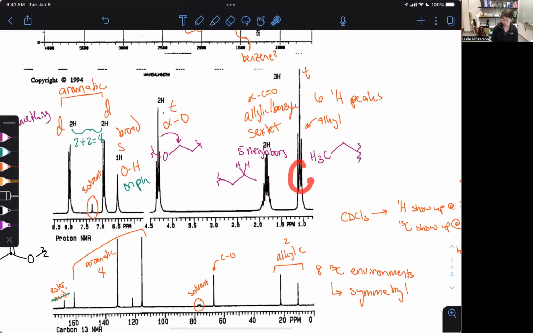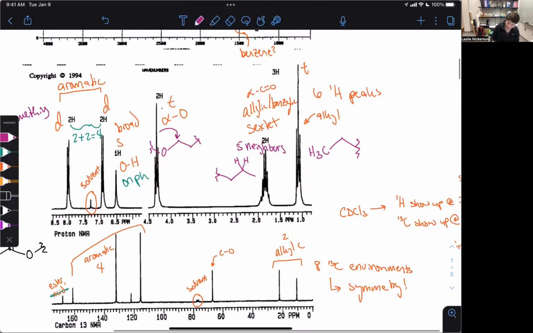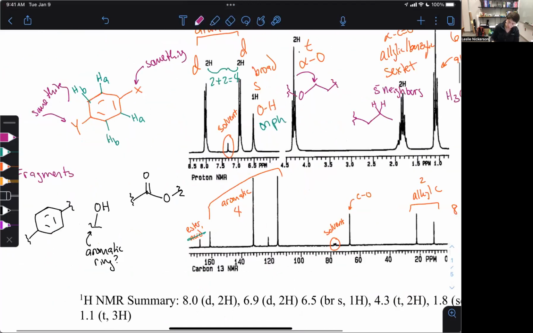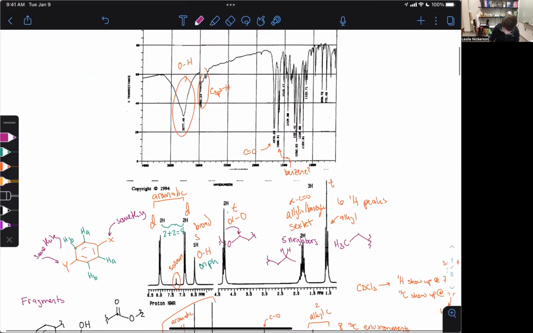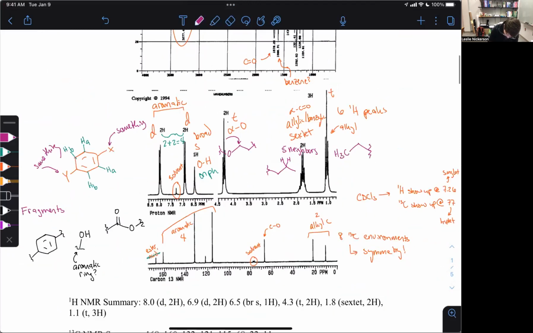And then my very end one, I've got a CH3 that's next to a CH2. All in all, what that adds up to, I needed more space for my fragments. Goodness gracious. We're going to scooch these guys.